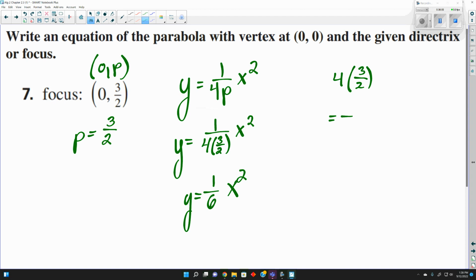Well, we would really do 4 times 3 first. 4 times 3 is 12, and 12 over 2 is? Or you could type in the calculator 1 over 4 times 3/2, hit enter, it'll tell you it's 1/6. And that's it. Questions on this here?